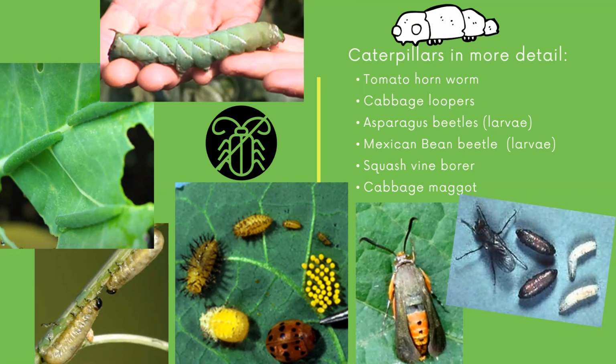So they're pretty hard to spot when they're small. When you start noticing that your cabbages are looking like Swiss cheese and you see that dark green frass, then you know you have cabbage loopers. So a lot of times the best thing to do for those is just go pick them off and squish them. They don't get real big, not as big as the tomato hornworm.